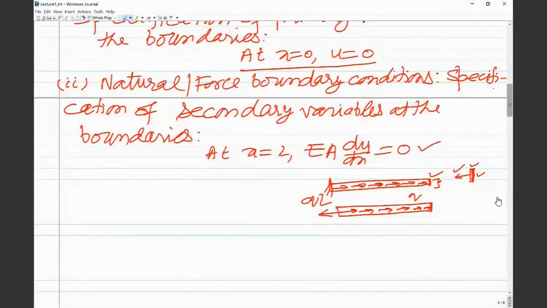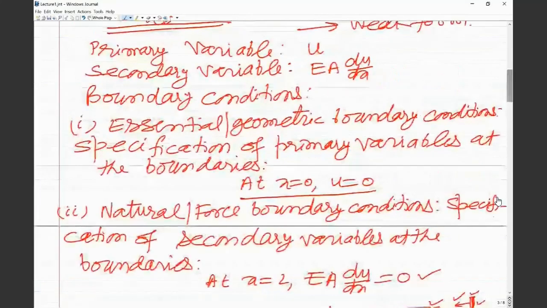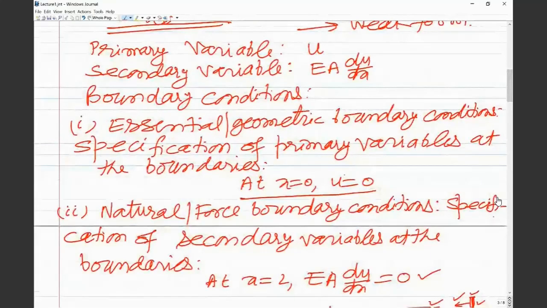Both cannot be specified. For example, at x equal to 0, the primary variable u is specified, u equal to 0. So you cannot fix the secondary variable, that is EA du/dx.